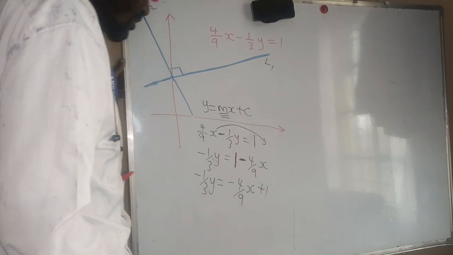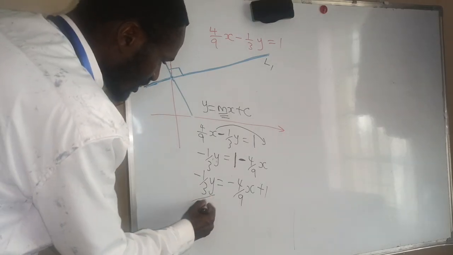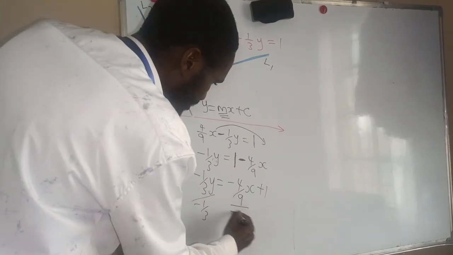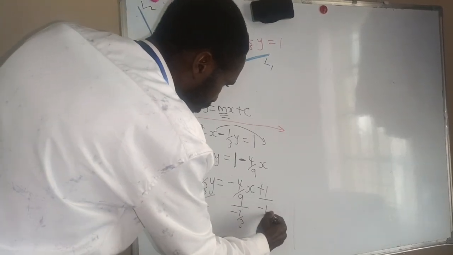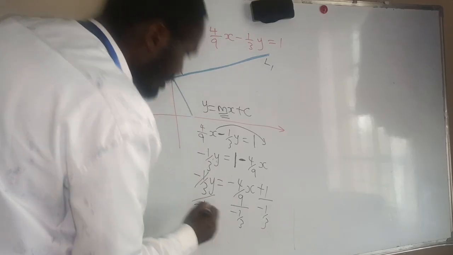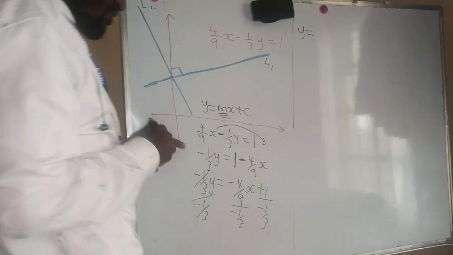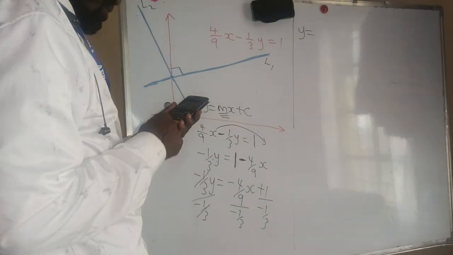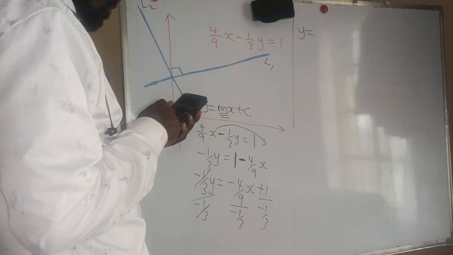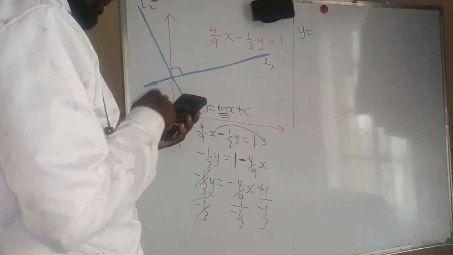Okay? So we'll divide all through by negative 1 over 3. So this and this will cancel, and we shall have this as our equation. The equation is y equals, so it's just negative 4 over 9 divided by negative 1 over 3.